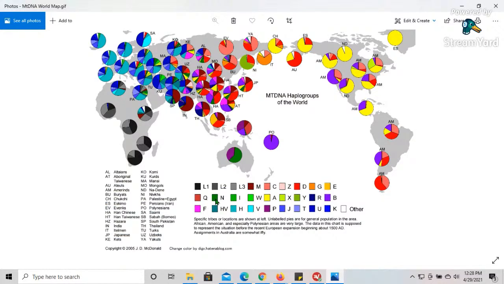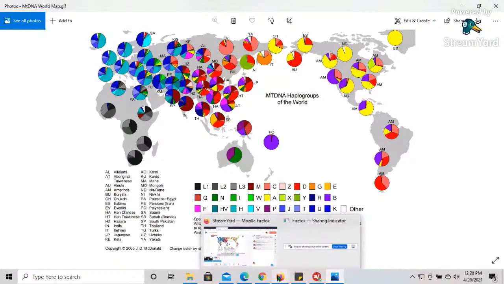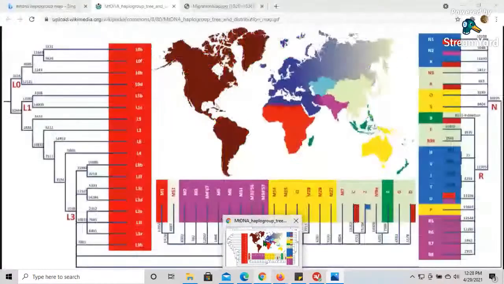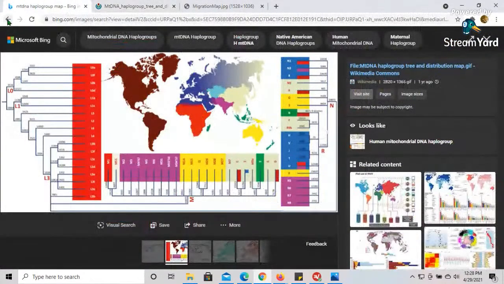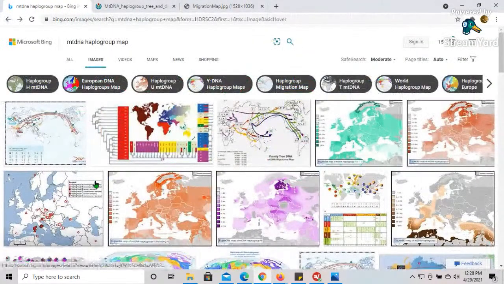And this green, of course, is N. Even in Portugal, I believe we've already looked at a map in Portugal. So yeah, we've probably already seen this map over here in Portugal.